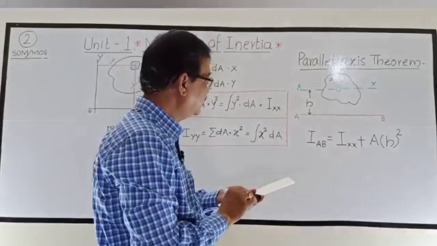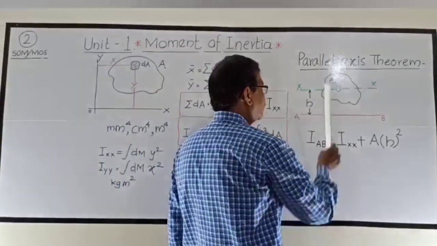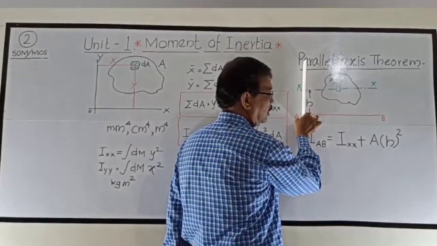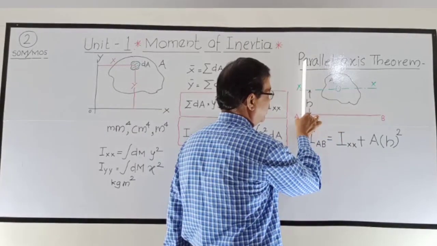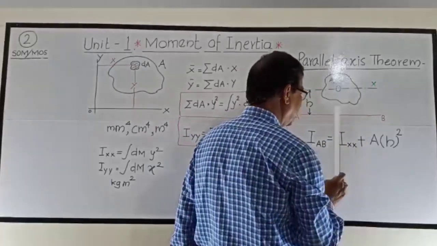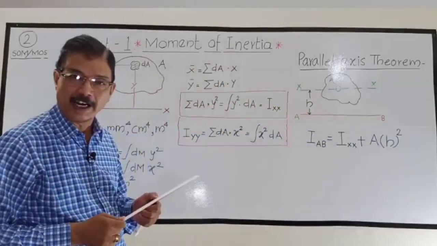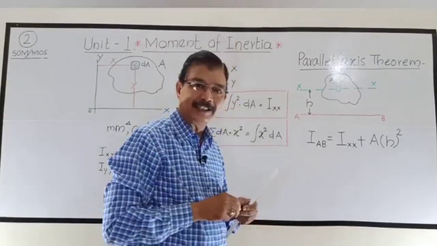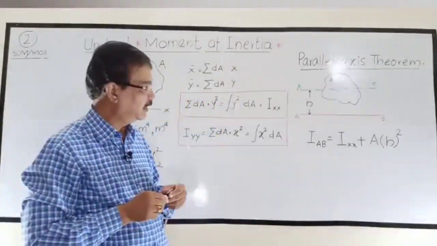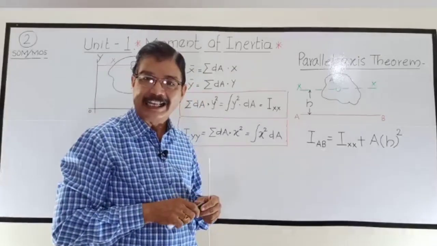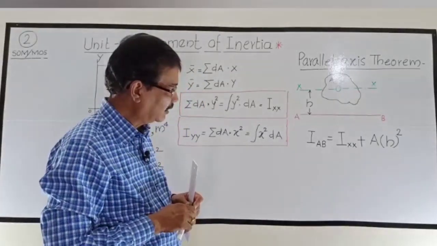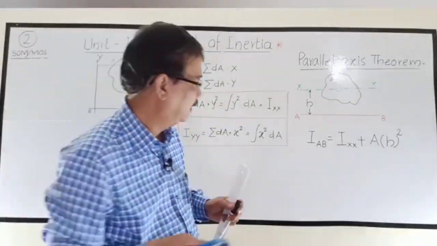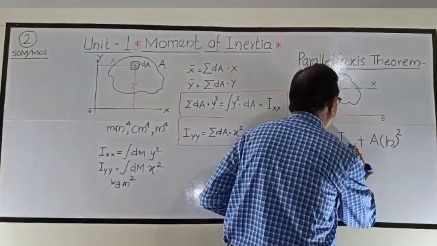Now it is not necessary that this is only horizontal. If I say that this is the y axis, you can find it out. If I say this is IAB, it is parallel to the y axis. So in that case, it is Iyy. In short, Ixx and Iyy are the moments of inertia of that particular area about the centroidal axis, which can also be denoted as IGG.